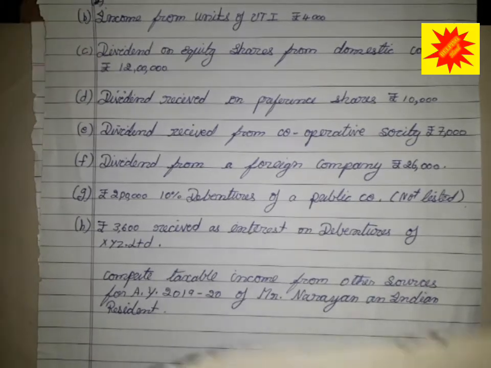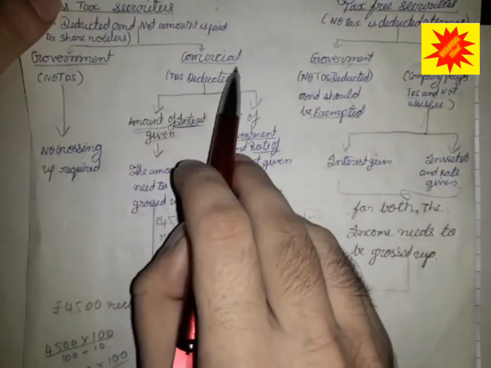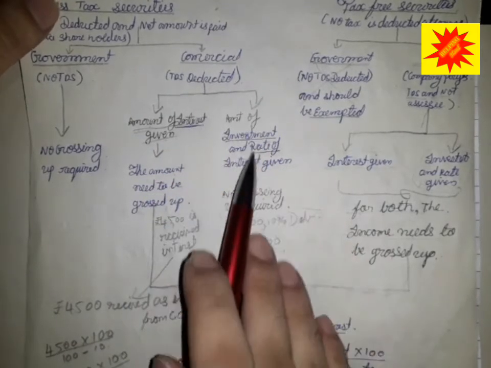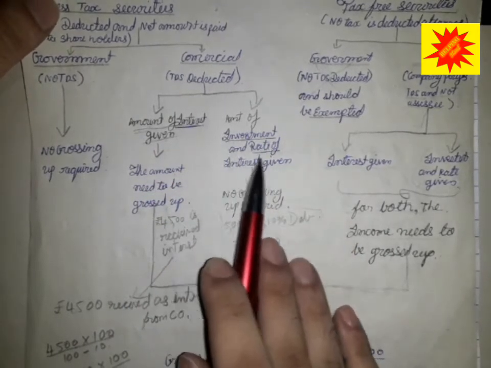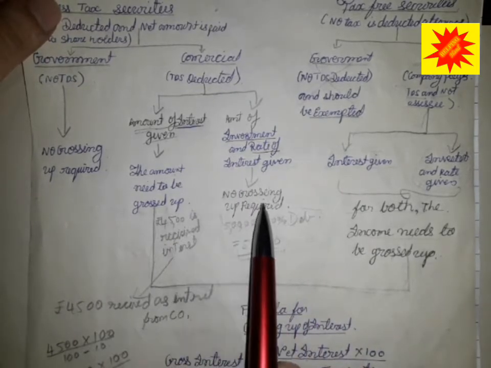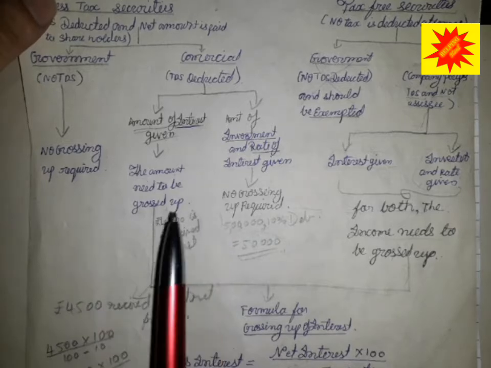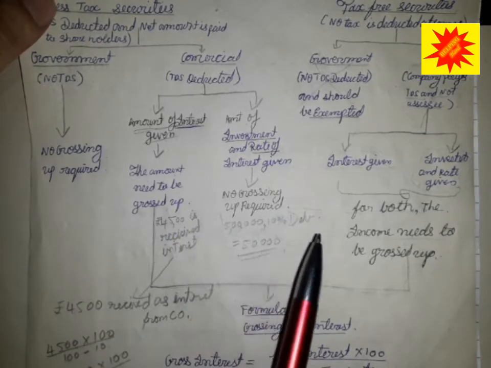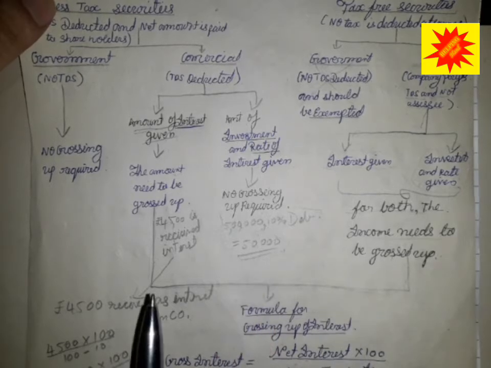So we will have to see it is a commercial security and TDS has been deducted, and investment and rate of interest are given, then we are not supposed to gross it up. Whatever amount we calculate by multiplying with the percentage, that amount itself will go for taxing, right?